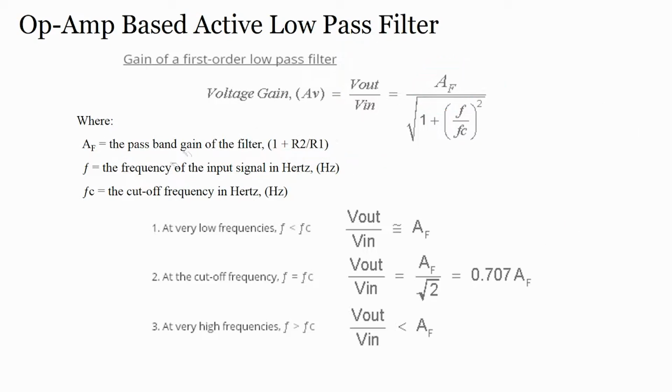Now, second, F is the frequency of the input signal in hertz. Third, Fc is the cutoff frequency, again in hertz. So, F is the input signal frequency in hertz, Fc is the cutoff frequency in hertz.